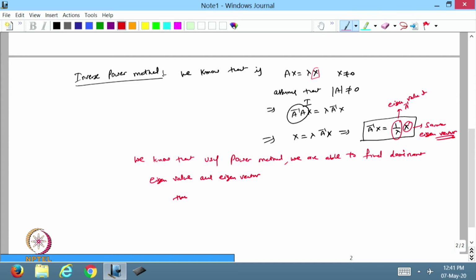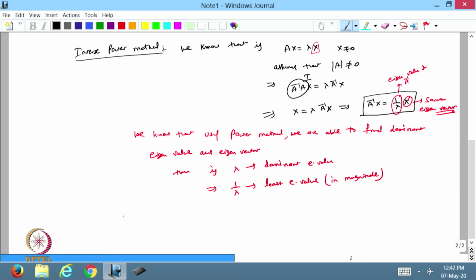Then if lambda is the dominant eigenvalue, 1 over lambda will be the minimum eigenvalue. So, I can say that this is the least eigenvalue in magnitude. So, I am talking about the magnitude.